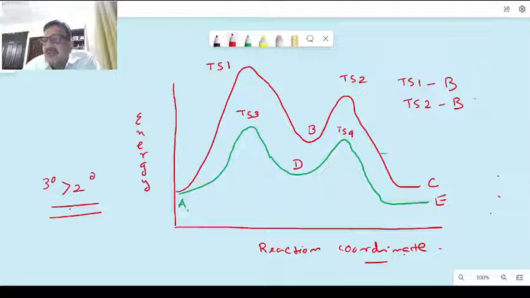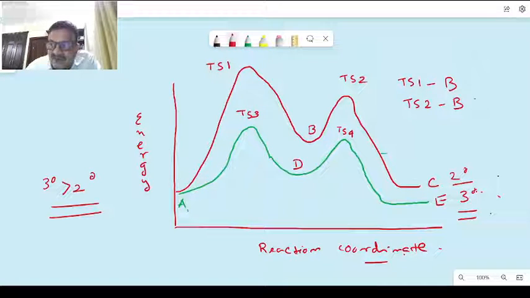Then the stability of the transition state TS3 going to the tertiary carbocation is greater than TS1 going to the secondary carbocation. So here TS1 is the secondary carbocation, and TS3 is the tertiary carbocation here.